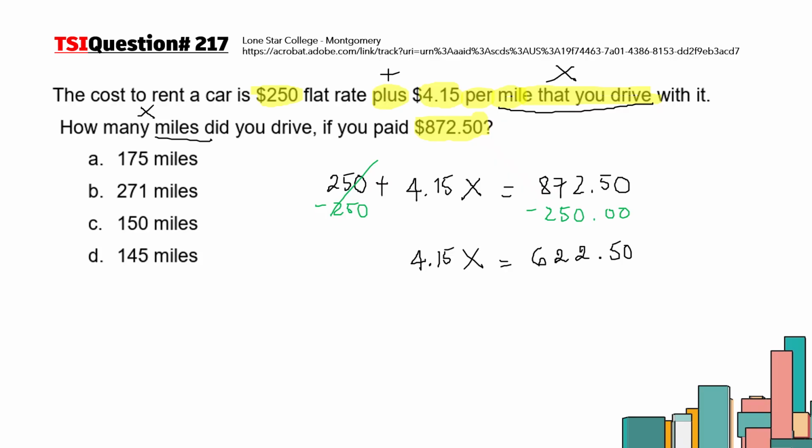And we want to isolate x, so we divide both sides by 4.15. If we have calculators, you can input it, but it's not necessary. So we will have x equal.